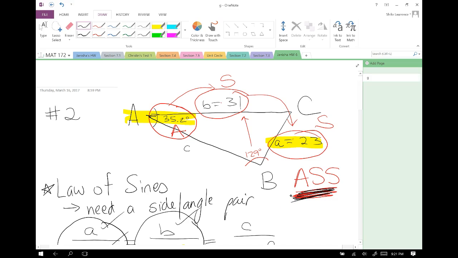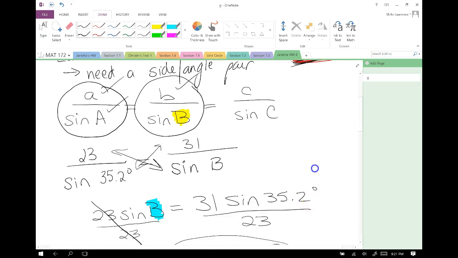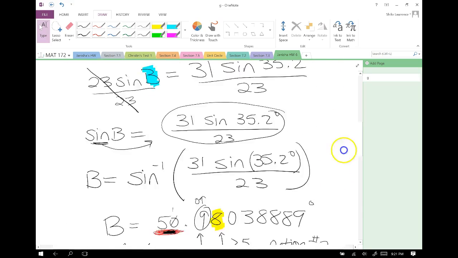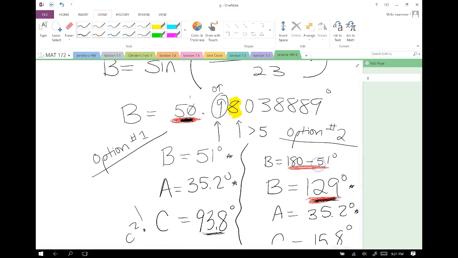It's the ASS triangle. So anytime you see a triangle where they give you angle, side, side, you should try to do two answers. The very first angle you solve for, take the answer the calculator gave you, but also work out a second problem where you subtract that angle from 180.